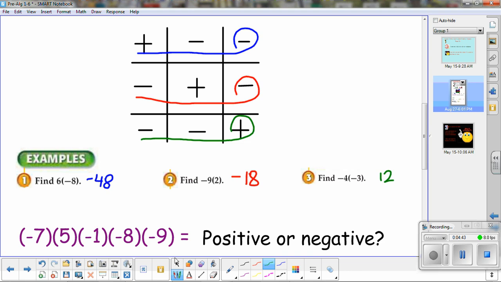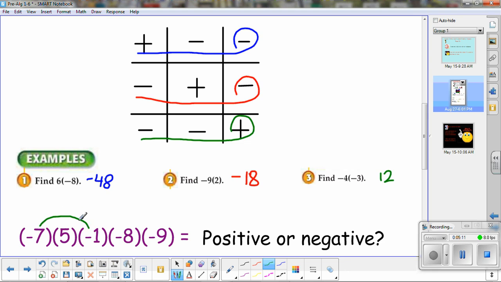In this problem right here, when you have a whole string of numbers being multiplied together, every time you have two negatives, a negative times a negative is going to be a positive. Remember, you can switch the order around when you multiply and still get the same answer. So I could multiply these two together first because of the commutative property of multiplication.